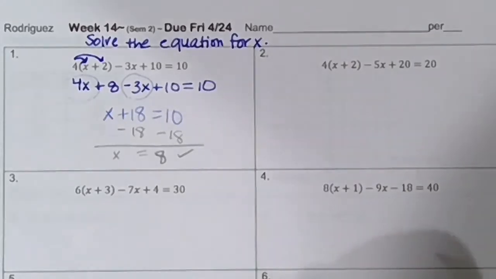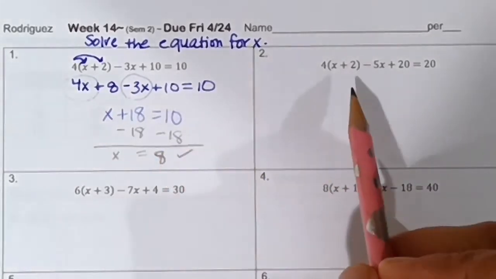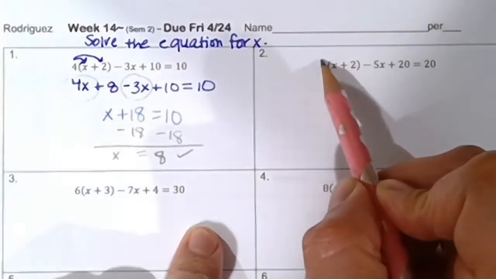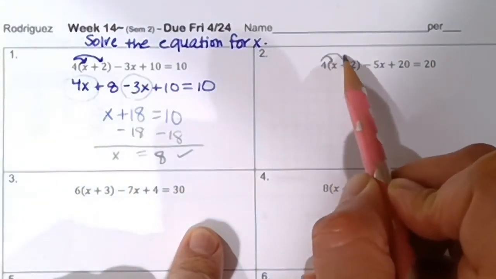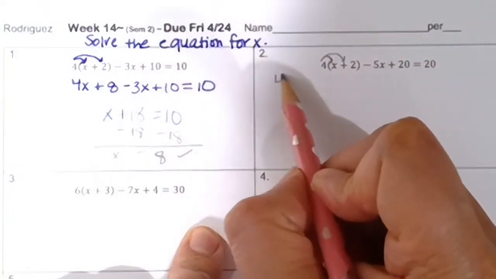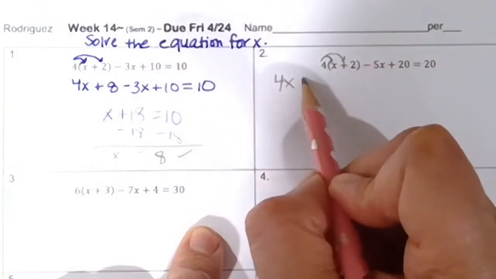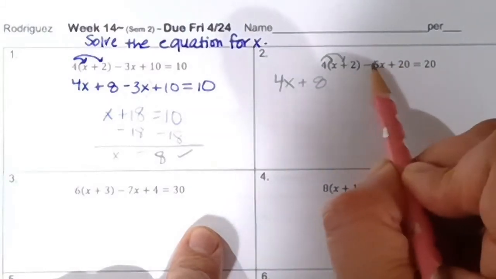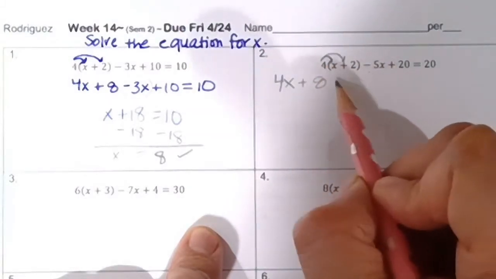Okay, so for this next one, same as this. Actually, looks like the very same problem. So go ahead and distribute that 4 to both of those. So 4 times x is 4x. 4 times 2 is a positive 8. Negative 5x plus 20, that doesn't have the parentheses, so we're just going to write that down.